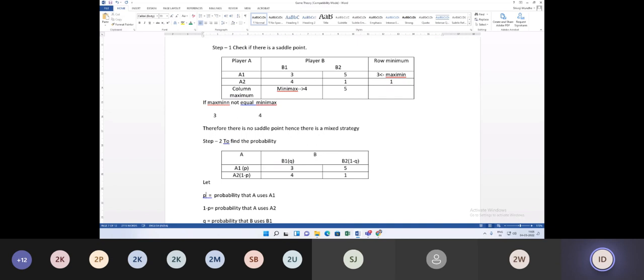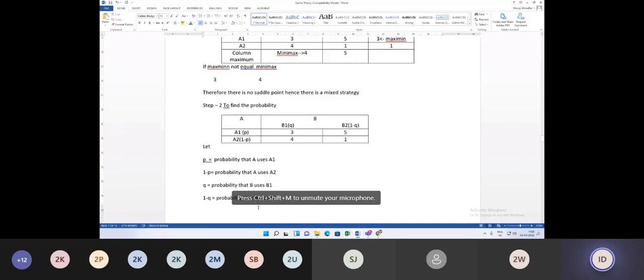We have defined here clearly which probability is used for which strategy of which player, because the same thing we are using in the notation.